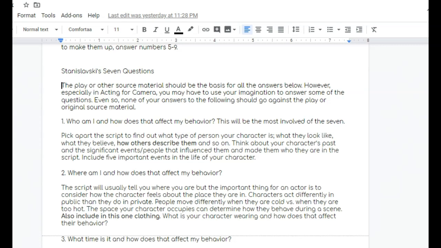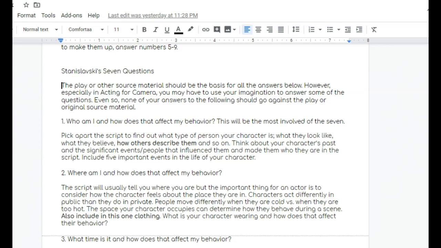So the play, or whatever other source material it may be, could be a movie, could be a book, and this is just for acting for camera people. As you know, especially in acting 2, 3, and intermediate 1 and 2, all your material will come from plays, full plays. But especially in acting for camera, you may have to use your imagination to answer some of these questions.